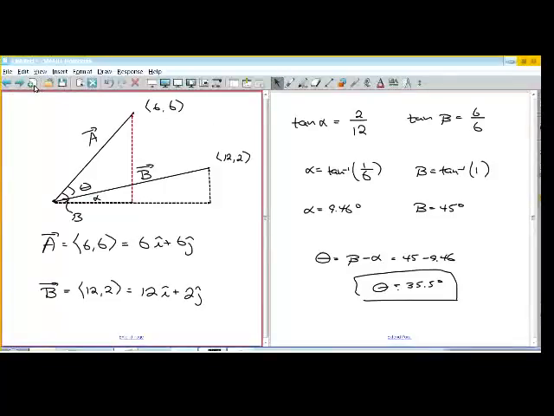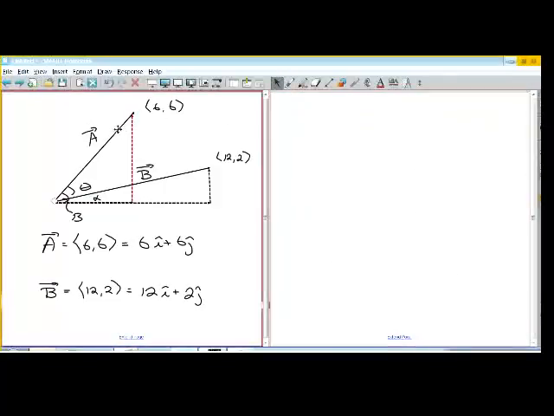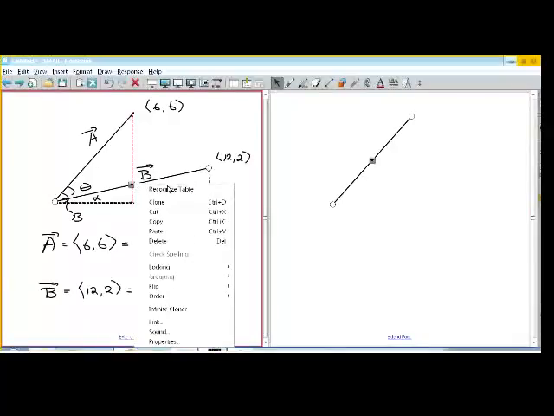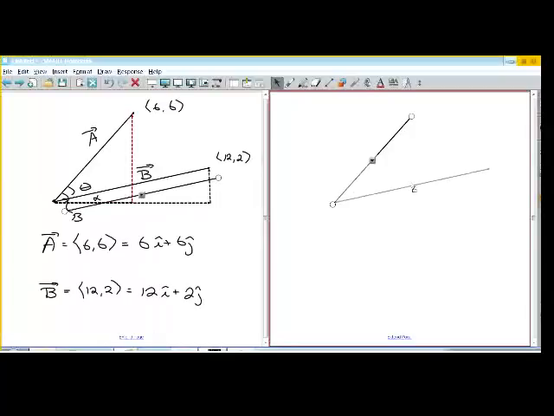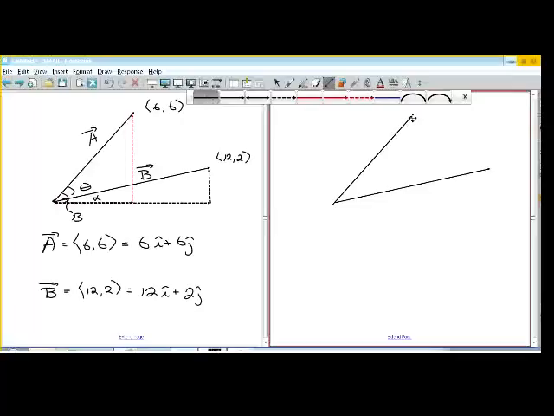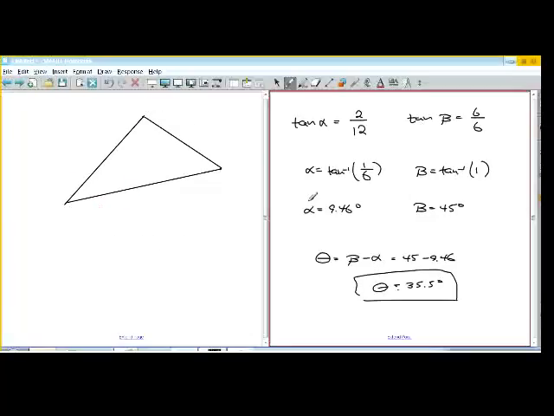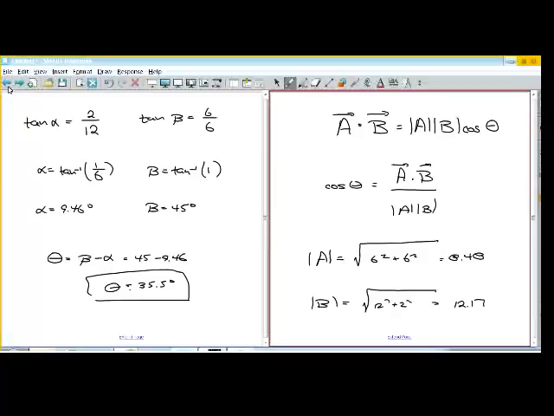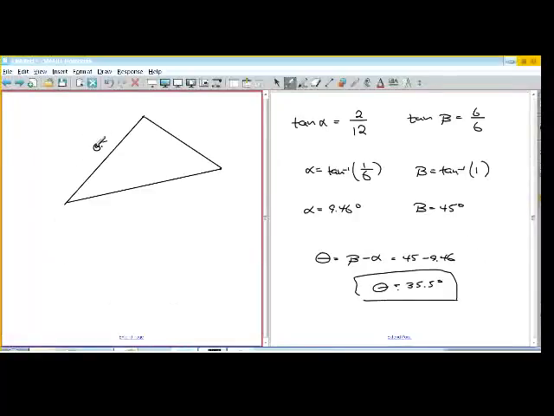The other way of doing it, which would be even more complicated, and we don't do it that way, is if you were to take these two vectors, come over here, and create not a right triangle, but a triangle with this. And so this length here is going to be, what's the length of that side? 8.48.